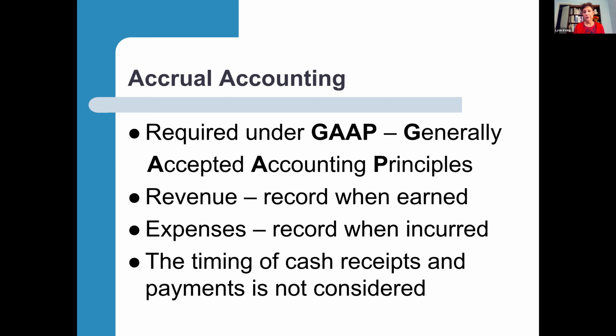If you ever had to be audited or whatever, they would expect to see that you've done your accounting using full accrual accounting. And the rules for accrual accounting are pretty straightforward. Your revenue, you only record it when earned, and your expenses only when incurred. Now, what that means is you do not consider when the cash comes in or when the cash goes out.